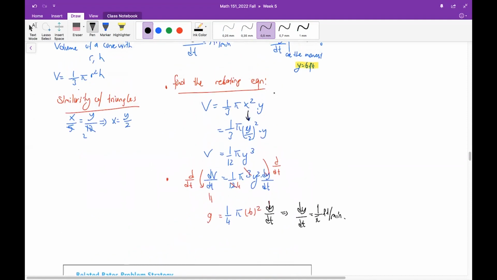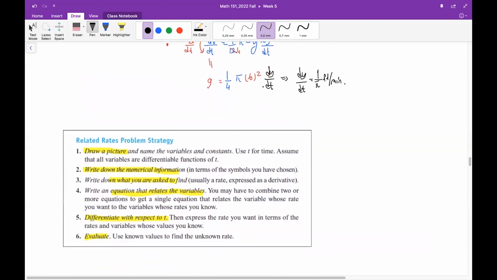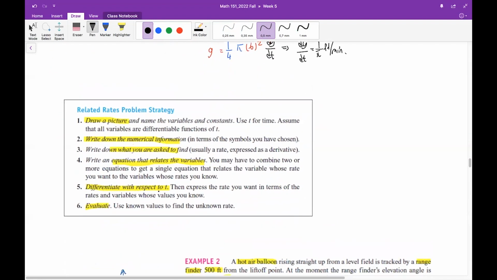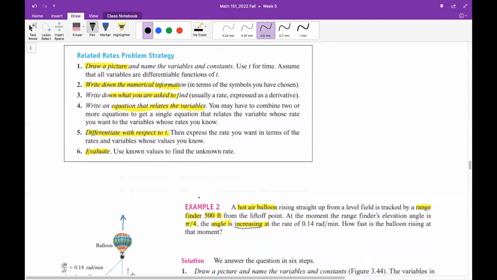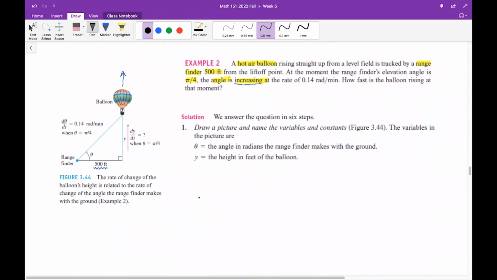Like here, this equation relates the quantities that we used. And then we differentiate both sides of that relating equation with respect to t. And then we insert the given values into our equation and find the unknown rate of change. So let's try to apply those steps once more in this example.